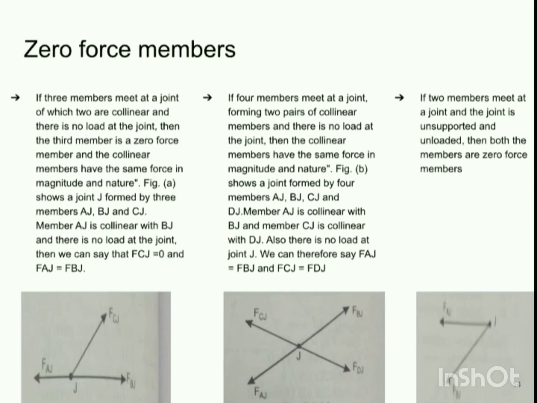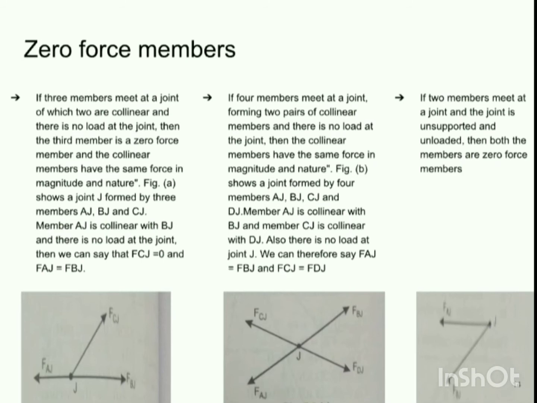Now, once we analyze the truss, we are required to find out internal forces in the members as well as the external support reactions. So once we know that a particular number of members of a truss are zero force members, then it will reduce the time required for analyzing the truss. So let us see what zero force members are.